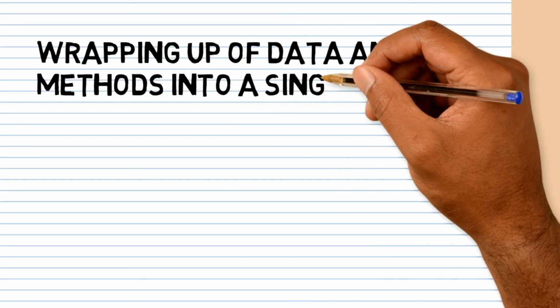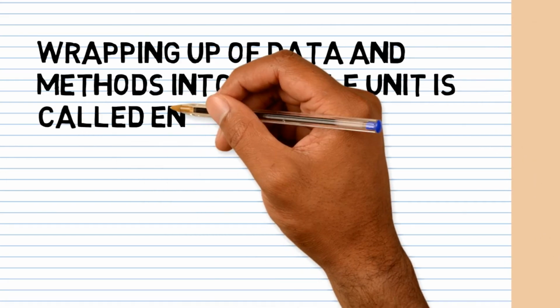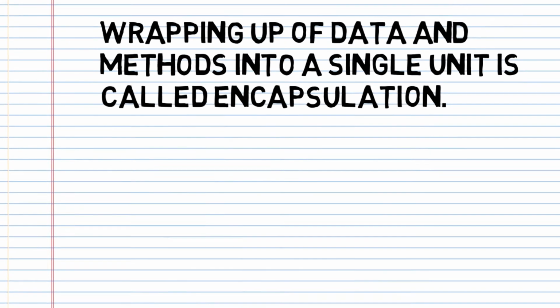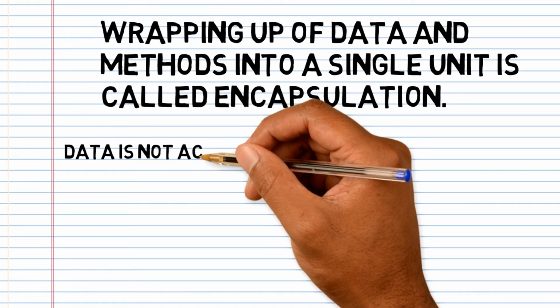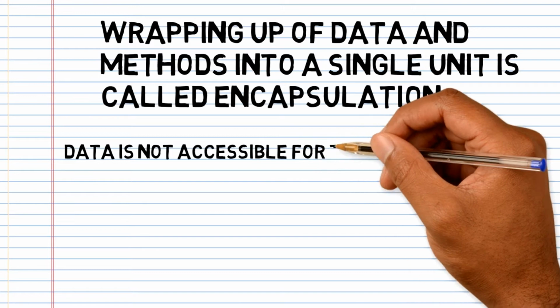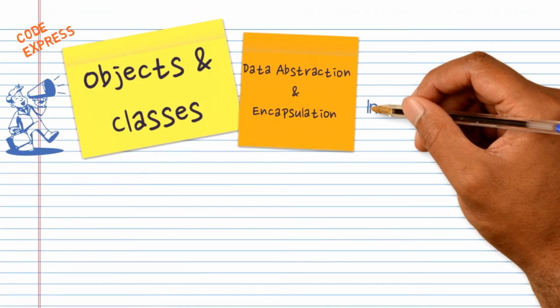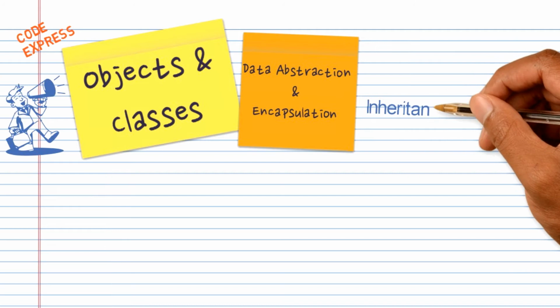And encapsulation is the wrapping up of data and methods into a single unit. Encapsulation can be provided by various access specifiers such as public, private, protected, as well as default. Due to these, the data is not accessible to the outside world. Only the classes within that package, or the access specifier that we are using, can use that data.